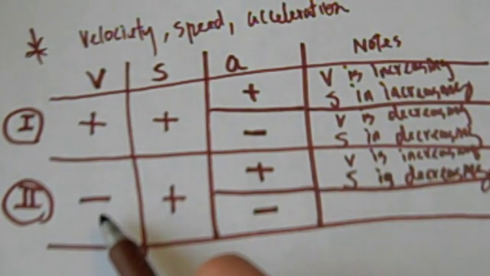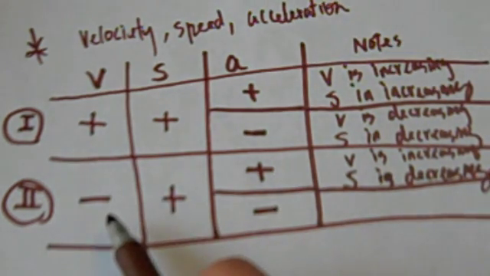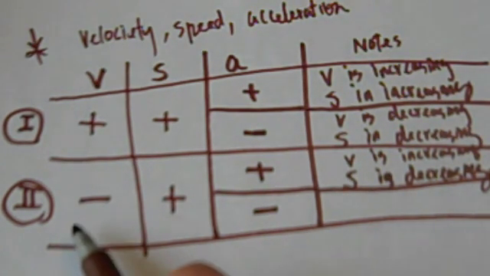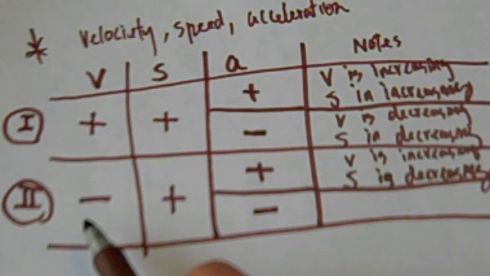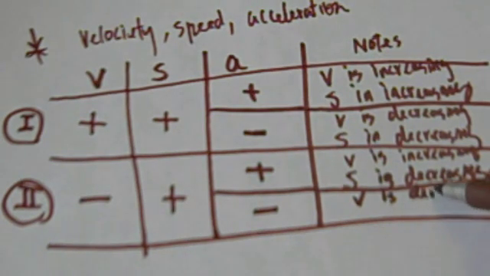If you have -3 velocity, and the acceleration is negative, that means the next moment is going to be -4, -5, -6, because it's going to get smaller and smaller, more on the negative side. So velocity is decreasing. That makes sense.